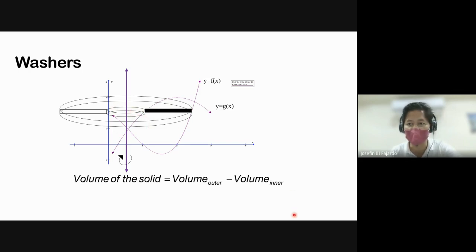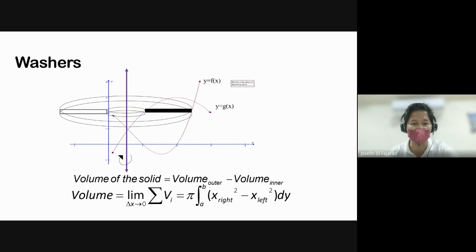And if you do that, we will be using this. Ito naman ang magiging itsura niyan. Saan galing kanina? If you would notice, the square of x right minus x left. Ito naman magiging x right squared minus x left squared ang kakalabasan. Bakit? Kasi ito, isusubtract muna natin yung parang ito na yung radius niyan, di ba? Okay? And then yung radius naman ng buo, take note guys, what we are doing here is we are getting this radius.